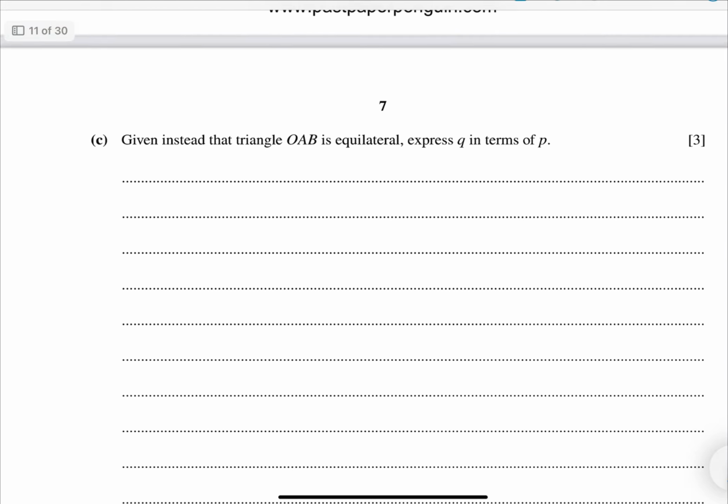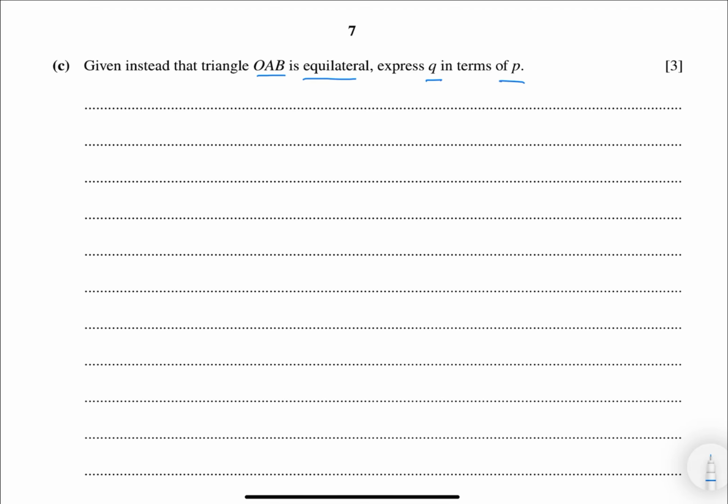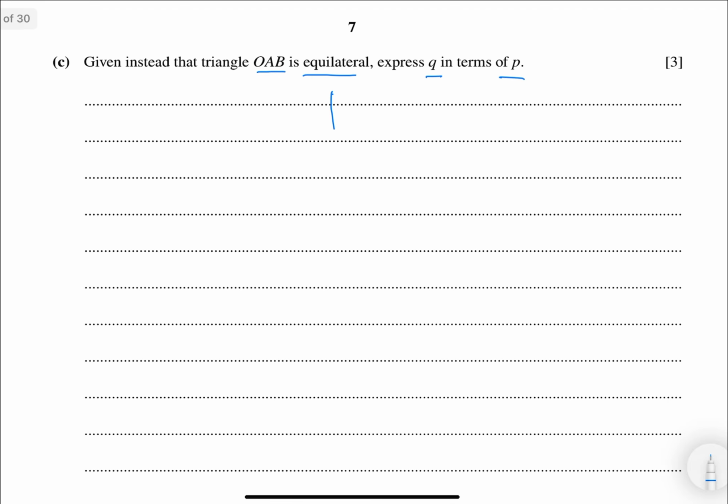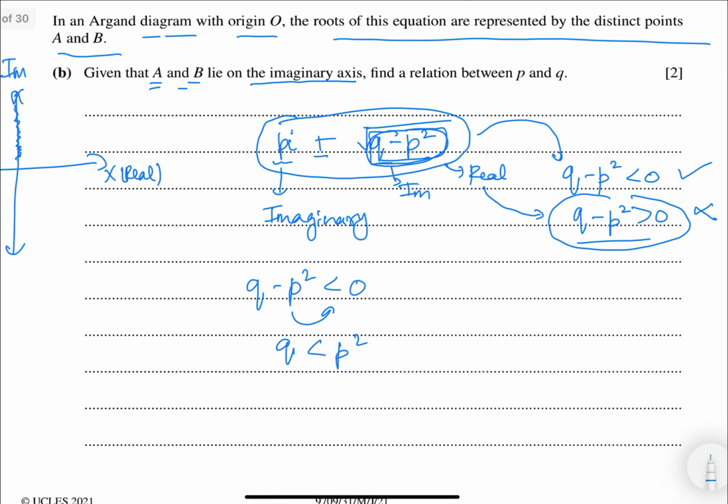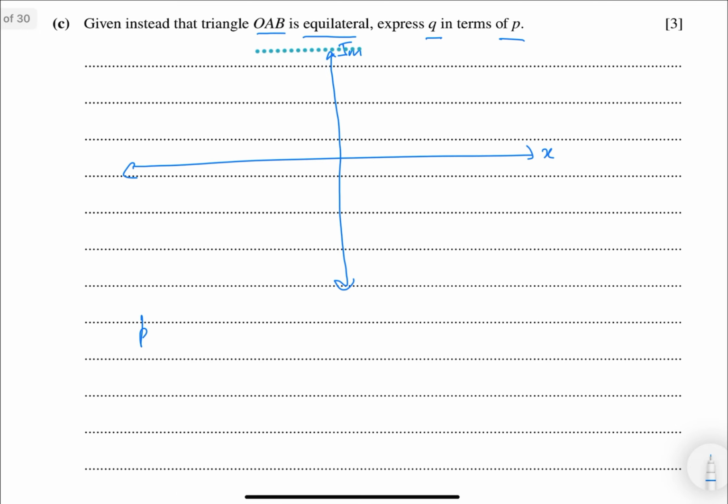Let us move on to the next question. Now to answer this question, let us represent the points A and B in an Argand diagram. This is the imaginary axis and this one is the real axis. Alright, and our roots were pi plus minus square root of q minus p square.